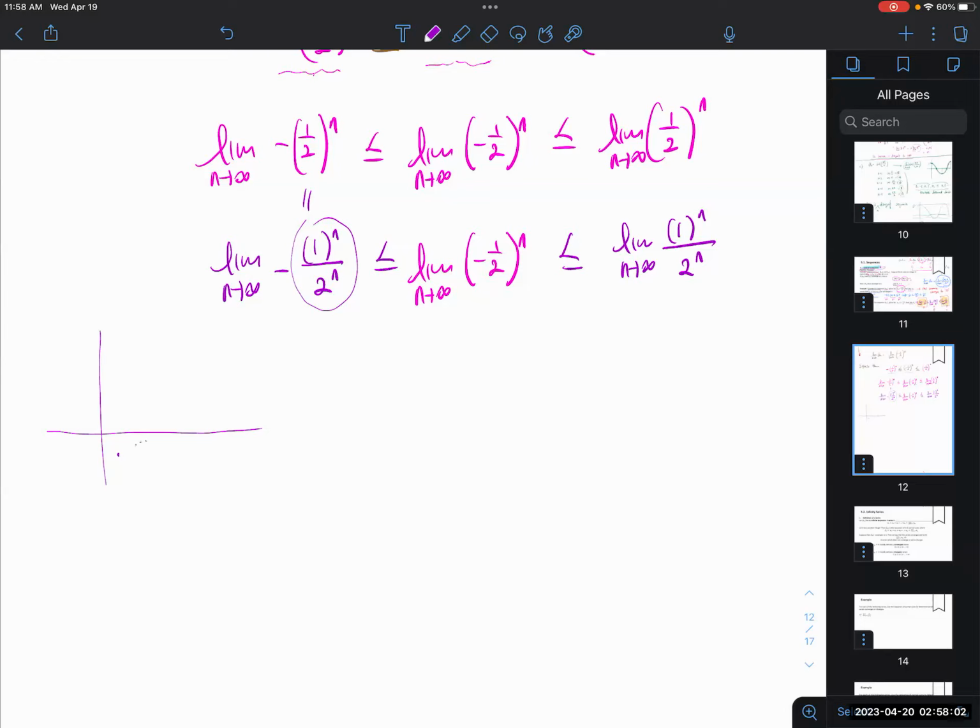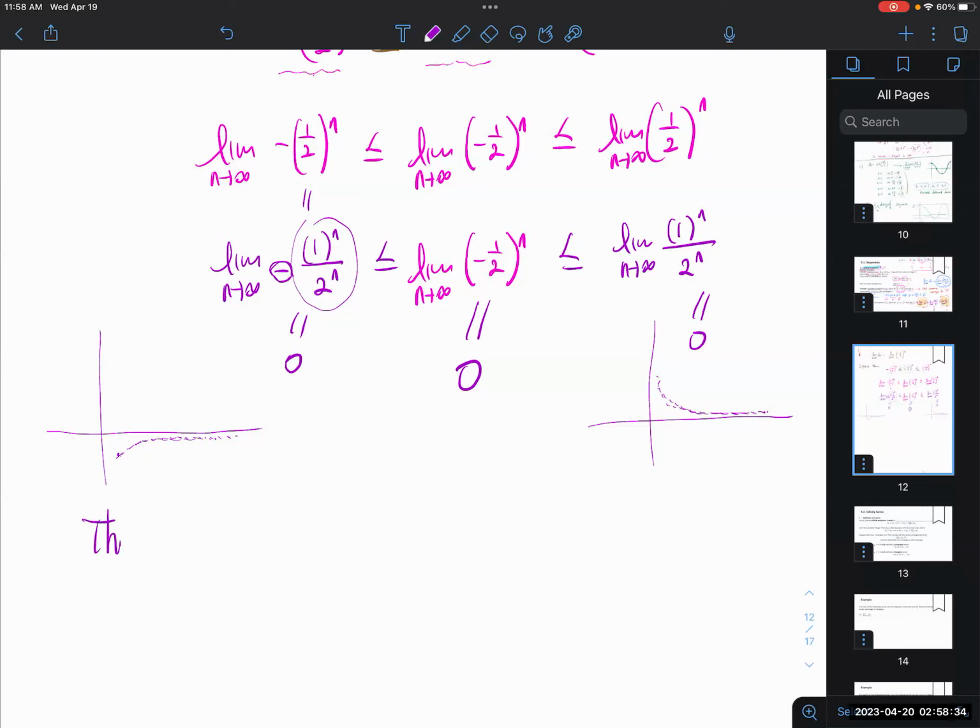They keep getting smaller, closer to 0. And this one also, 1 over 2, 1 over 4, they're getting smaller. As n increases, because of the negative, whatever the outcome is going to be negative, getting smaller, close to 0. And this outcome is positive, but they're still getting smaller toward 0. That is going to be 0. This one is going to be 0. Therefore, the answer that we are looking for is also 0.